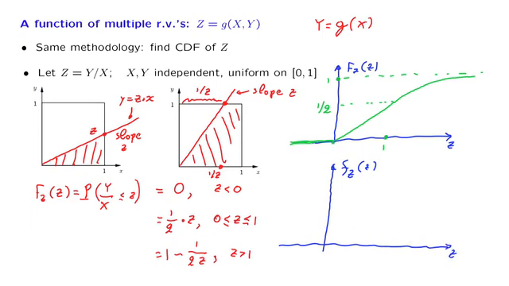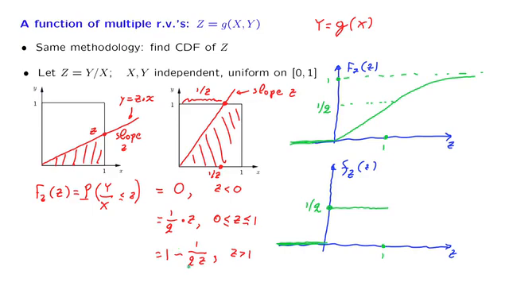In this region, the CDF is constant, so its derivative is going to be equal to 0. In this region, the CDF is linear, so its derivative is equal to this factor of 1/2. So the PDF is equal to 1/2 for z's between 0 and 1.